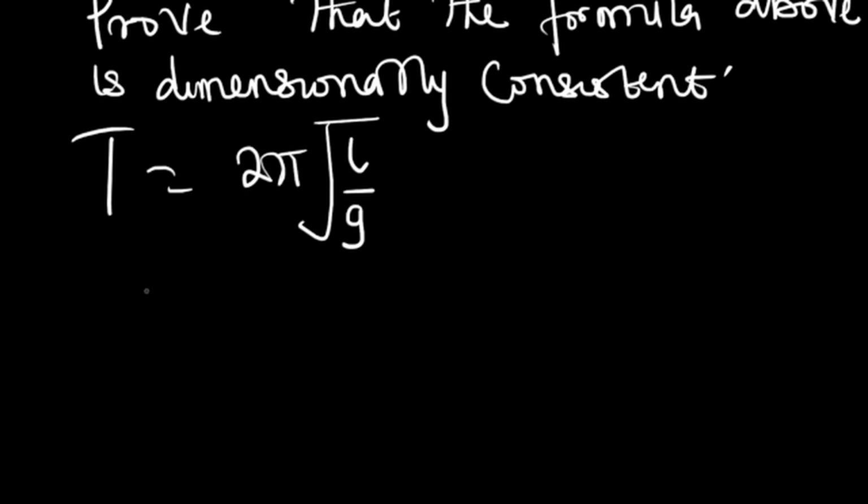First and foremost, let's identify what we have here. T is equal to time, then 2π is dimensionless, okay? So whenever you're solving problems on dimensional analysis, you must understand that these numbers, let's say 3, 4, 5π, 2π, 4π, they don't have any dimension.